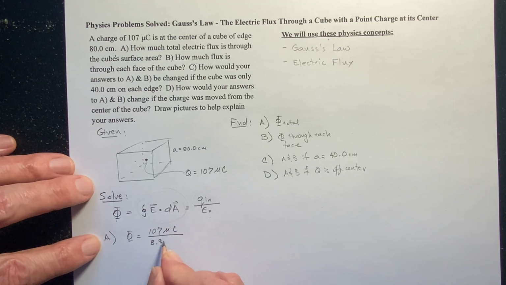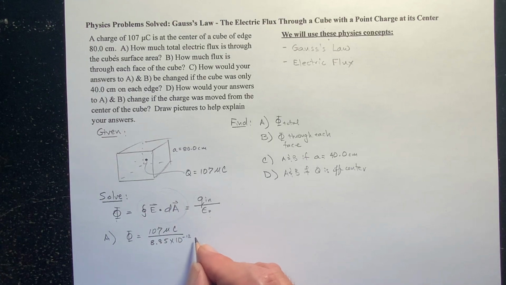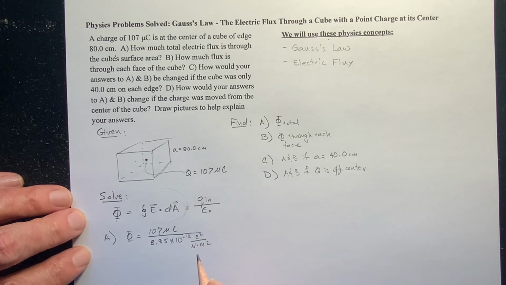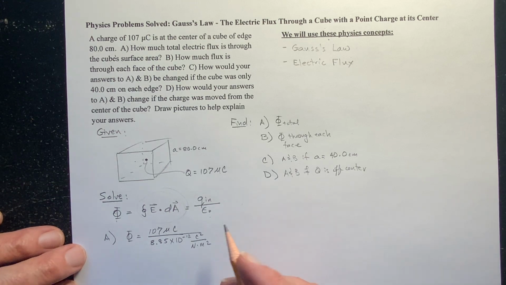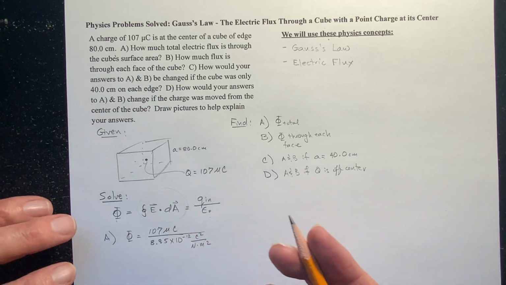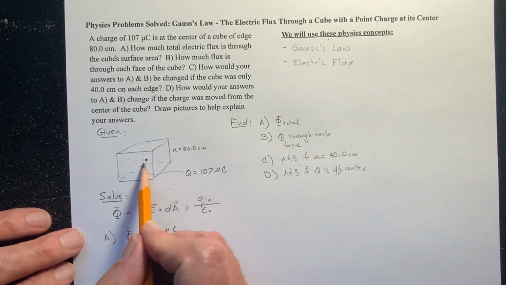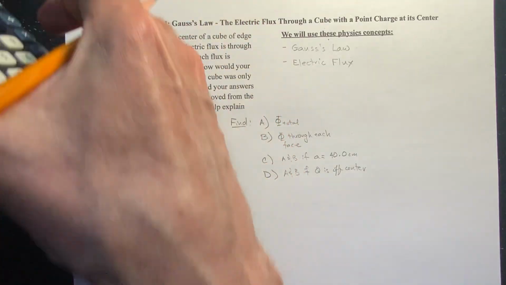And if you look it up, it should be 8.85 times 10 to the negative 12 coulombs squared per newton meter squared, I think are the units for that. And yeah. So there we go. And so this part's pretty easy because, I mean, this is it. We're enclosing it, so we know how much charge is inside, so we know the total amount of flux. So let's figure that out.